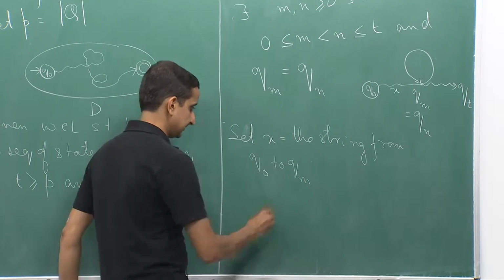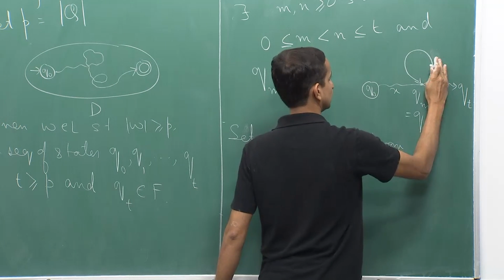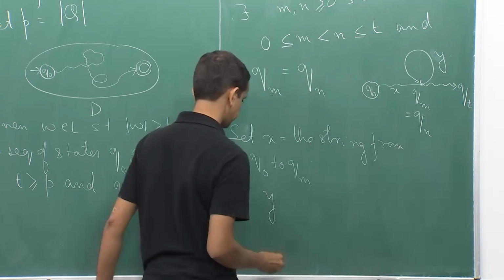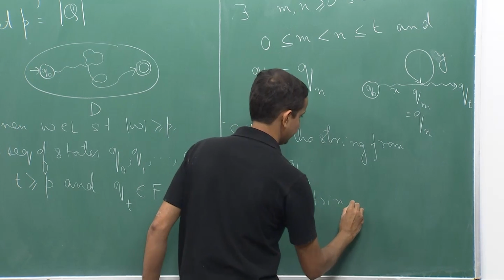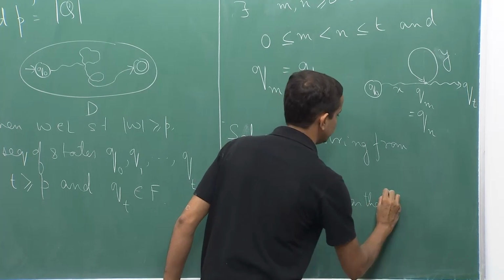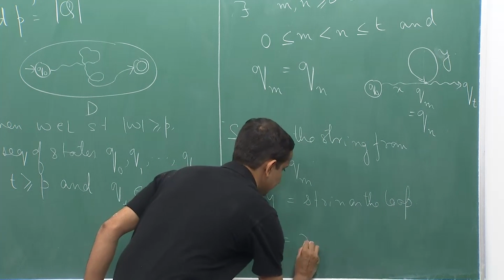So this is x. Set y to be the string on this loop, and z is the remaining string.